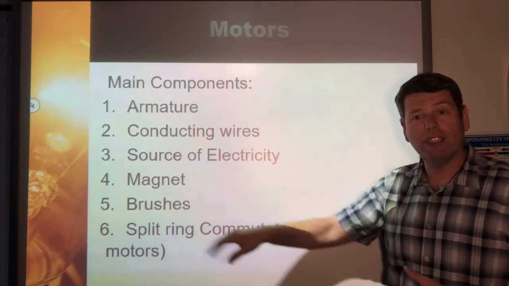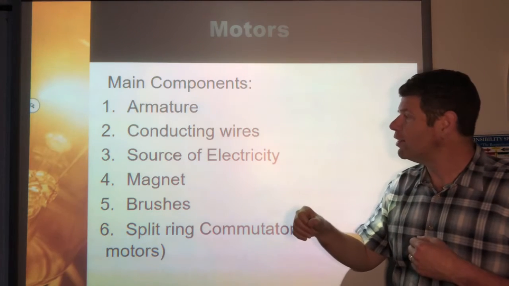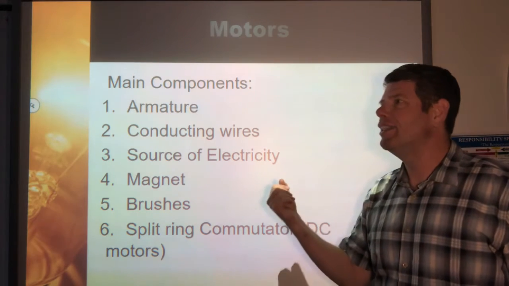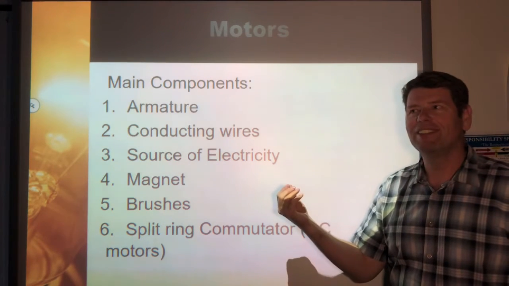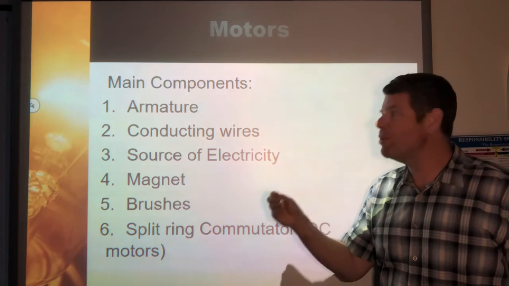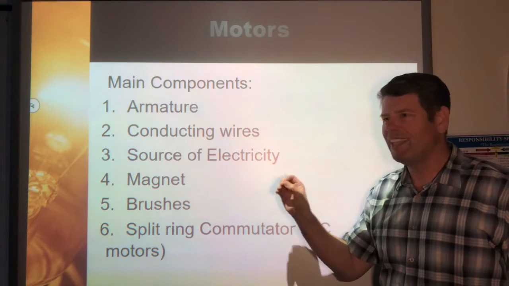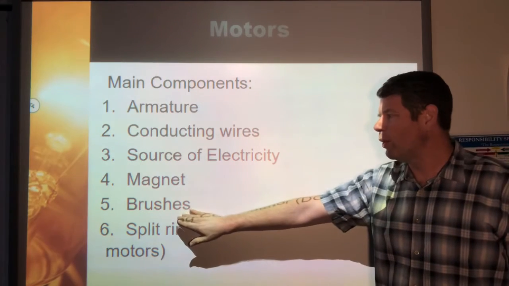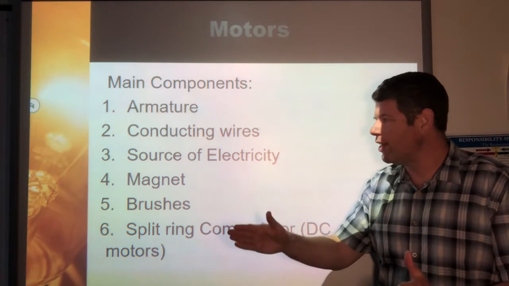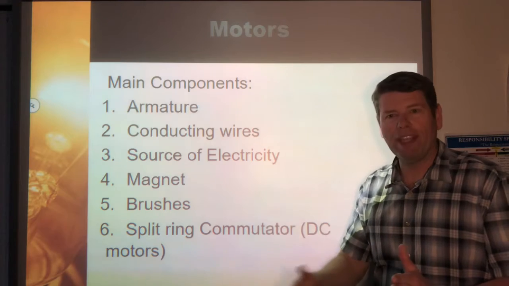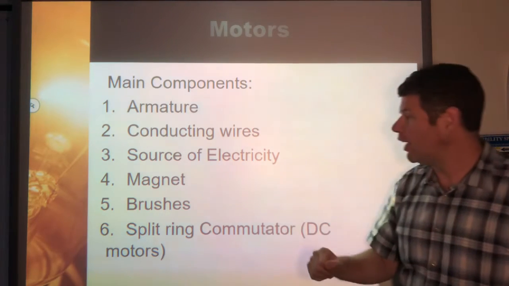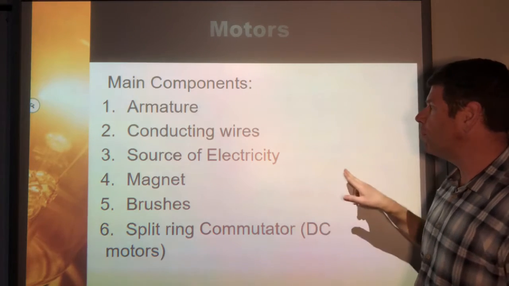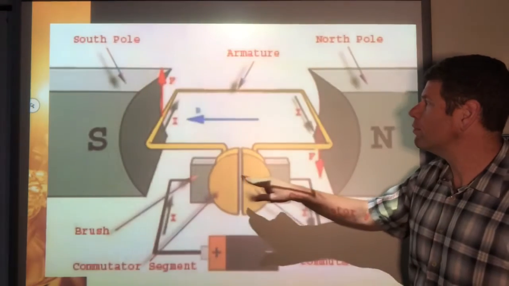That's sometimes called the stator. The rotor is the part that moves, that's your armature. Then we have our brushes, which need to make contact with the spinning slip rings or the commutator, and there we go. Okay. All right.